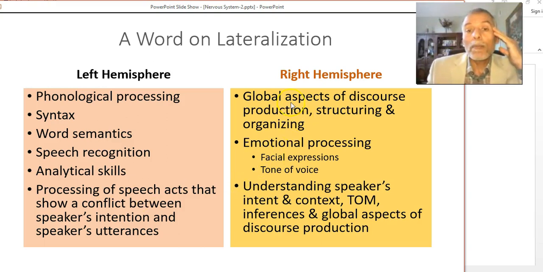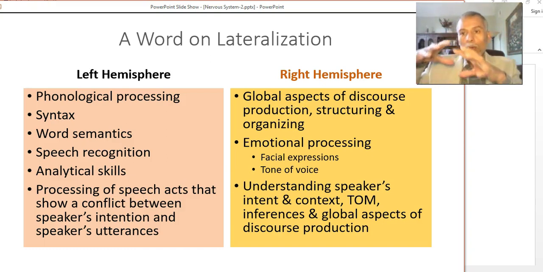Right hemisphere is more dominant for global things, like the overall picture of things. So, for example, I'm telling you a story. Then you hear the words, you process them, you assemble them, you understand their meaning in the left hemisphere. And then, if there is something in the words that is not direct, that is implied, like reading between the lines, the right hemisphere says, oh, this is what the meaning is.